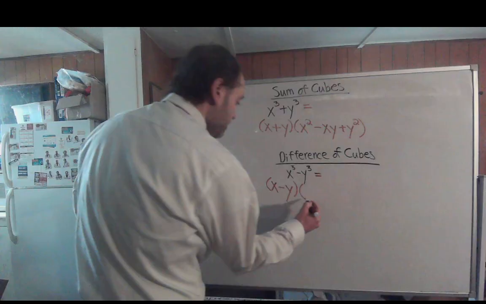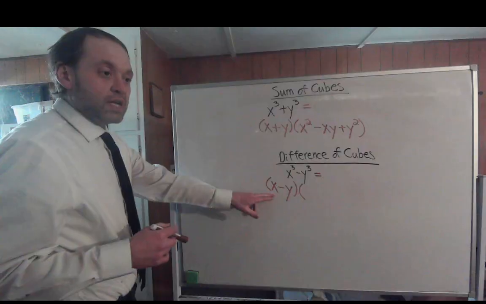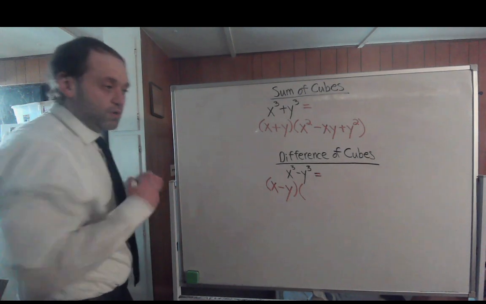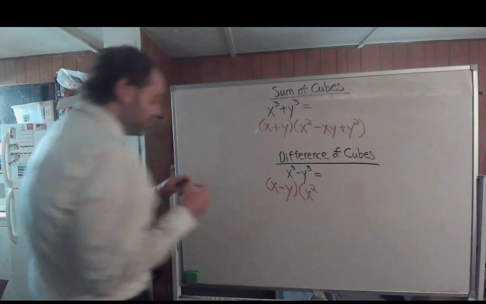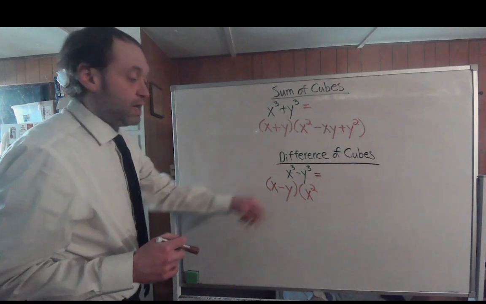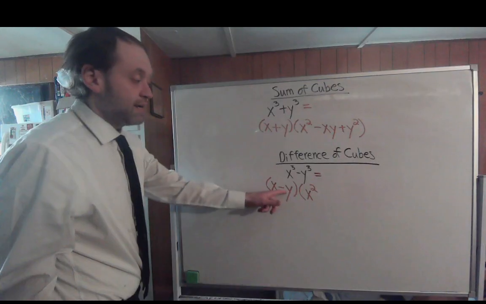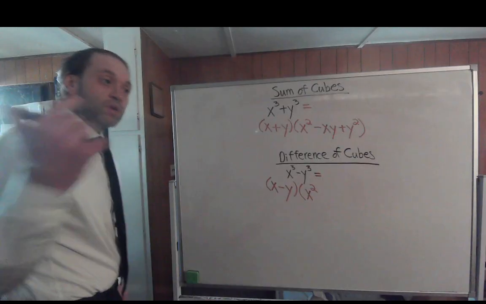And then we're going to get our second factor. So take your first term and square it. Your first term is x, so x squared is, well, x squared. Then you'll take your x and your negative y. Remember, that's a negative y in this quantity. So take x times negative y, that would give you negative xy. But then you got to negate that.